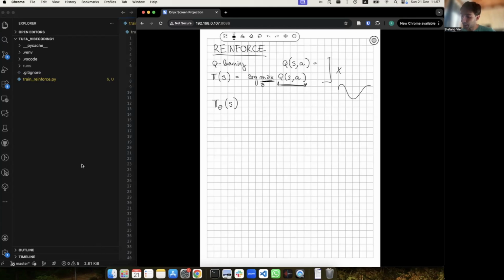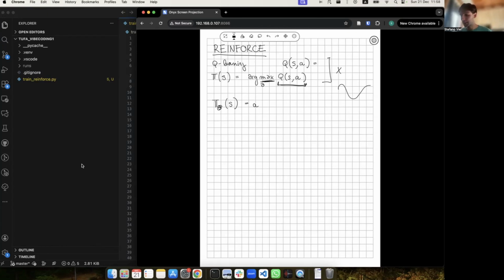Instead, if we have directly a policy, so the policy is not implicit in our Q table, but we have directly a function pi of theta, where theta are the parameters of our function, that given a state gives us the action that we need to do, then we can even have a continuous space of action, such as, I don't know, the angle at which I move my arm, and get directly the action that we need to perform.